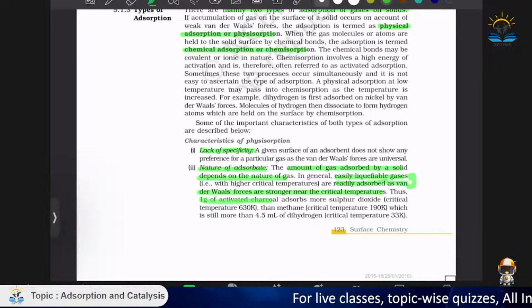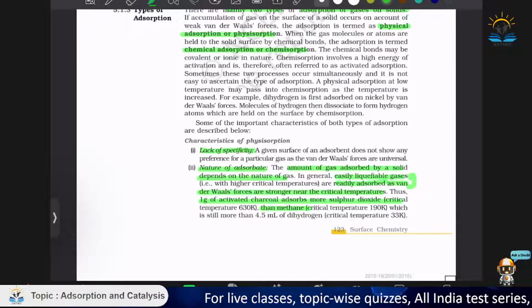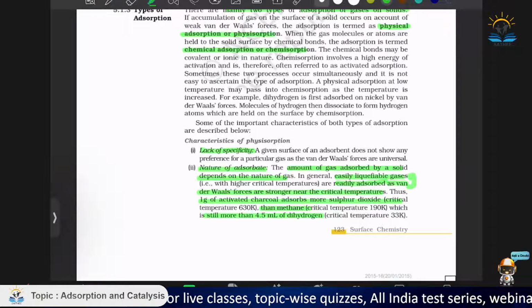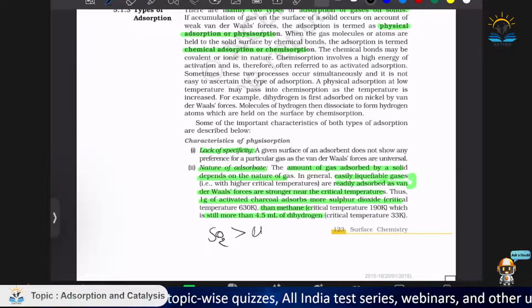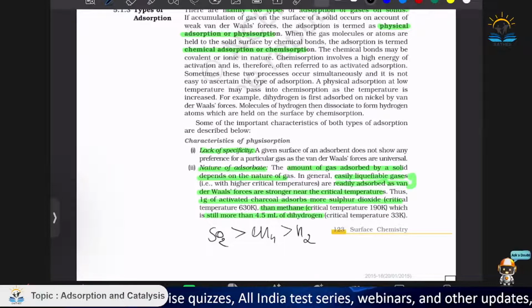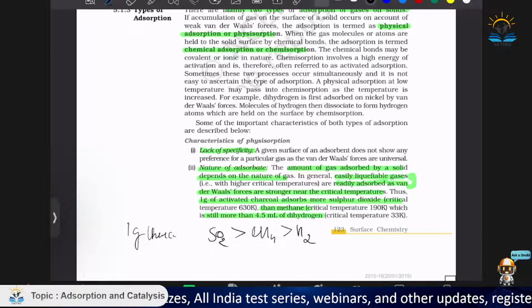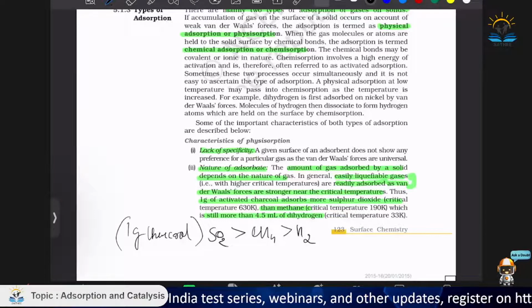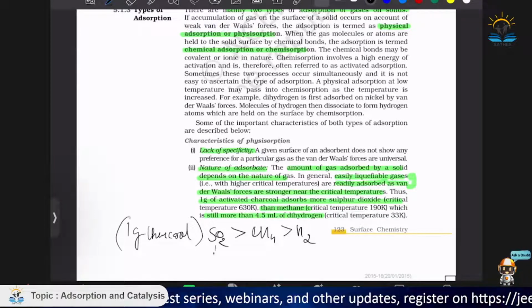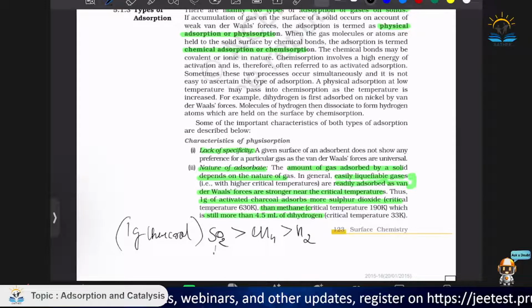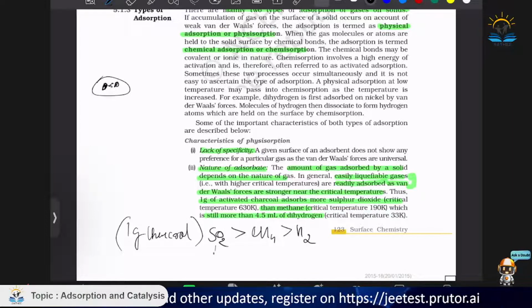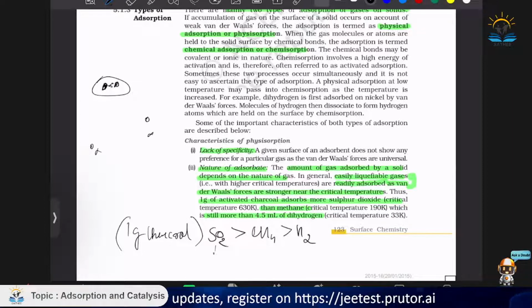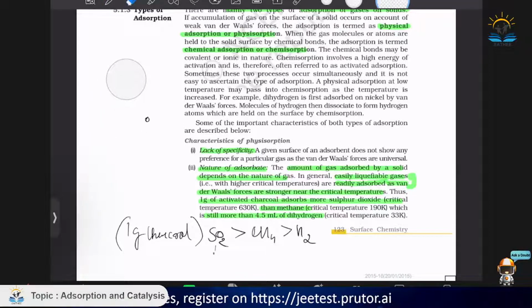So, 1 gram of activated charcoal adsorbs more sulfur dioxide than methane, which is still more than dihydrogen. So, SO2 is adsorbed more than methane, which is adsorbed more than dihydrogen on 1 gram charcoal. Why? Because SO2 can be easily liquefied. What does it mean? That molecules of SO2 have affinity towards each other, but molecules of hydrogen do not have that much affinity towards each other.